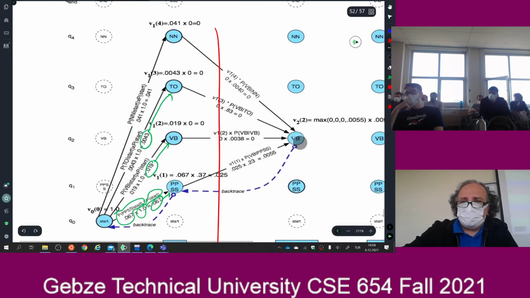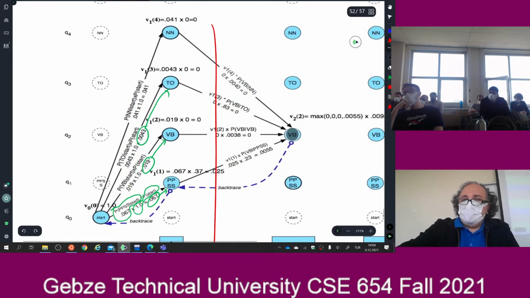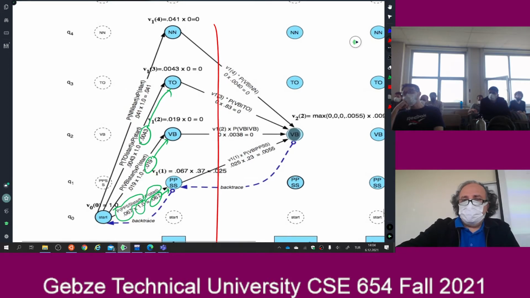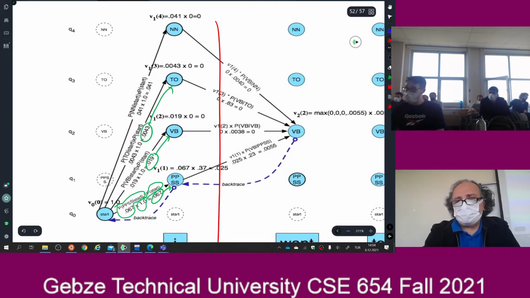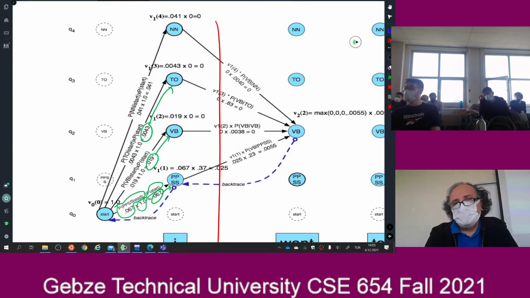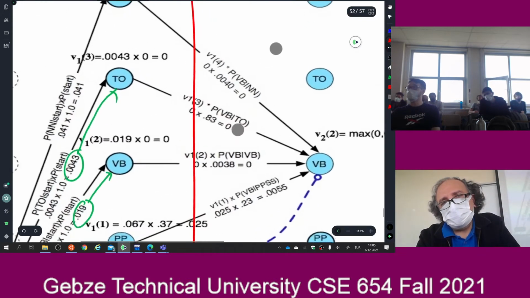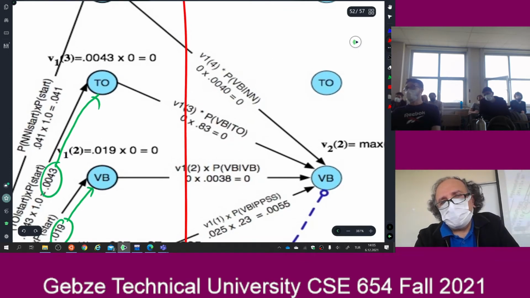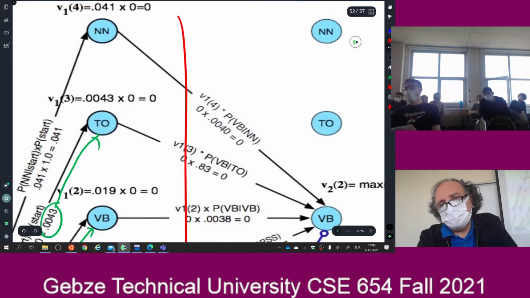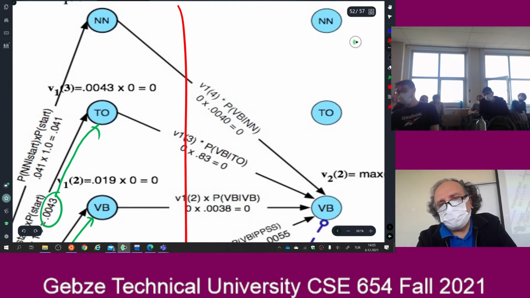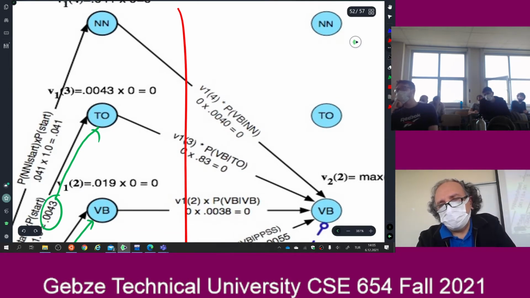So when I come to here, that's what I'm going to do. For example, this one. I know all the transition probabilities from the beginning of the sentence to this by making these calculations. Okay? What does this one say? It says, okay, V14 is this one, times the probability of transition from noun to verb.